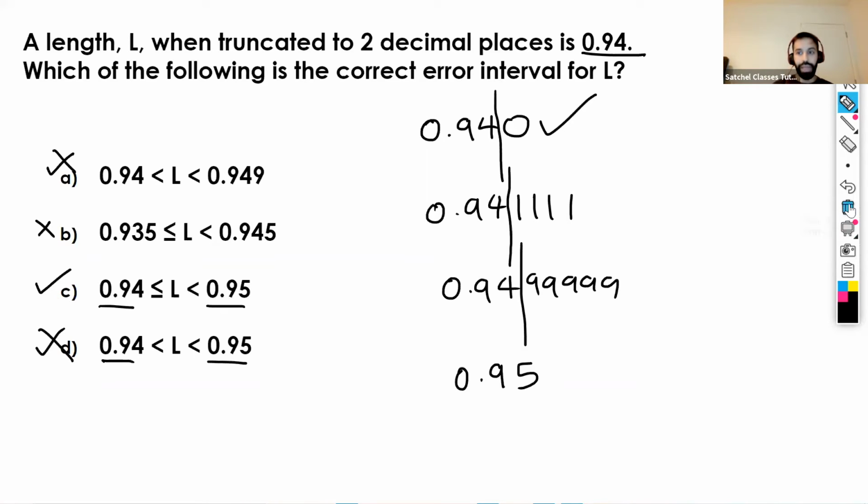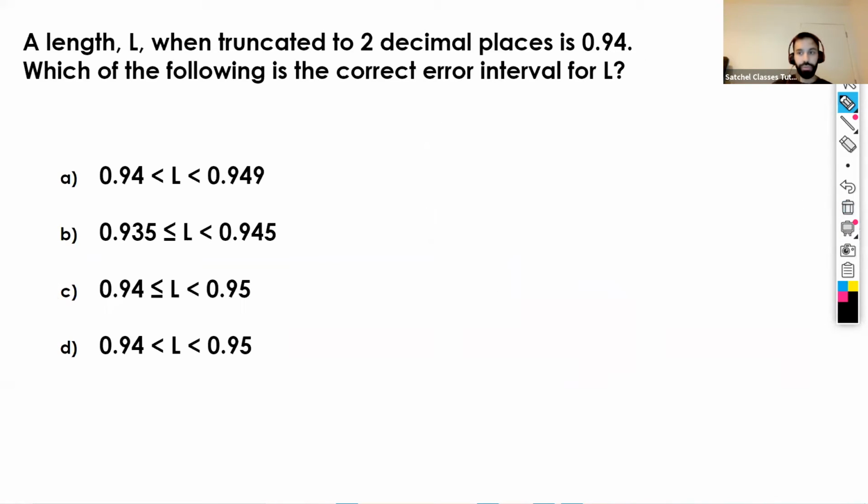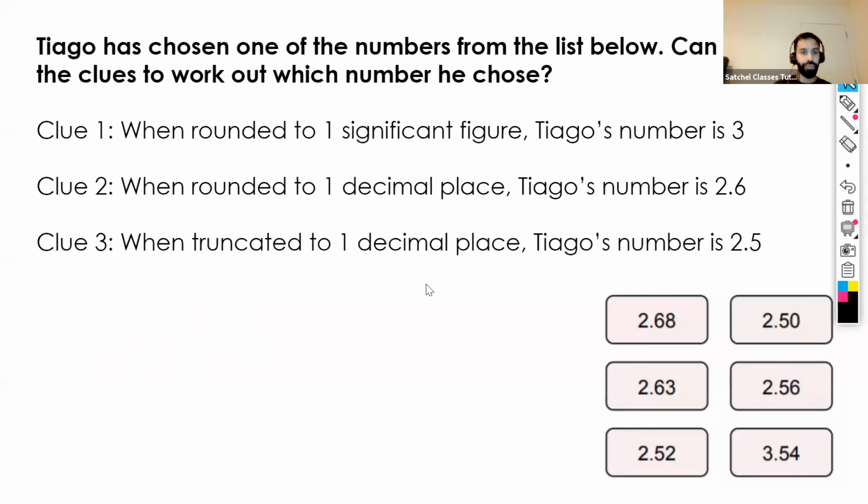All right, let's try one more example. So it says, Tiago has chosen one of the numbers from the list below. Can you use the clues to work out which number he chose? So this involves rounding to significant figures, rounding to decimal places, and truncating.